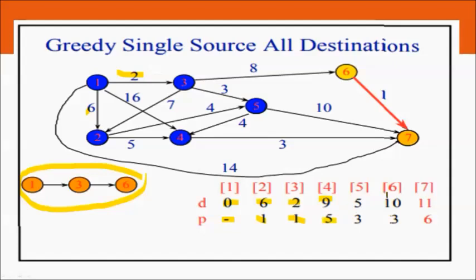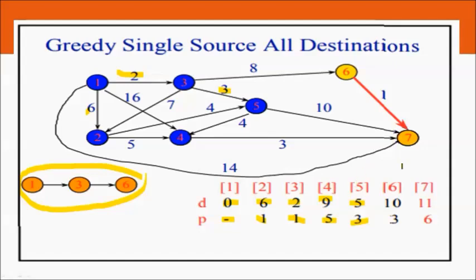Now, for vertex 5, so vertex 1 to 5, okay? We have a distance 2 here, and from 3 to 5, we have a distance of 3. So now, 2 plus 3, we have a distance of 5. So our previous vertex is vertex 3. Thus, vertex 3 is our predecessor.